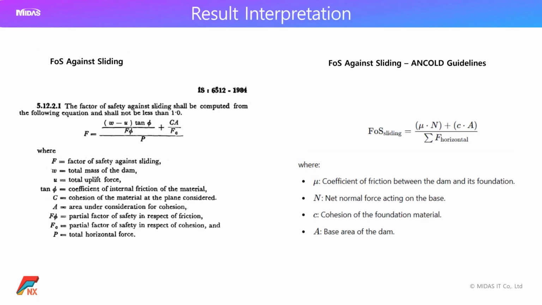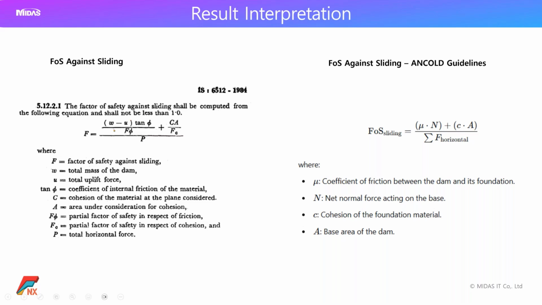Firstly, we have two conditions. We will see the tensile forces as well as the factor of safety against sliding. And in addition, we also need to see the acceleration. So let's see the factor of safety against sliding first. These are the equations according to Indian Standard 6512, wherein the factor of safety against sliding is nothing but the resisting force upon the applied force.